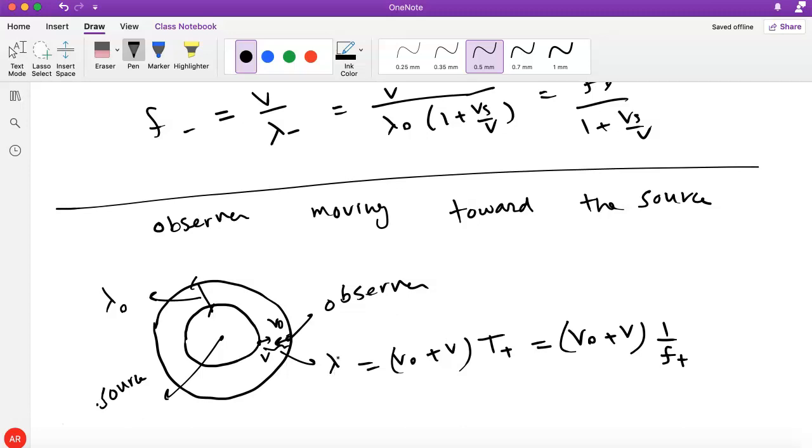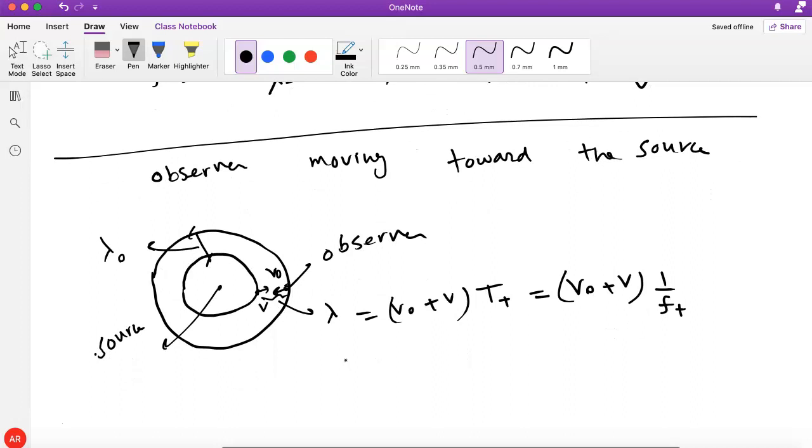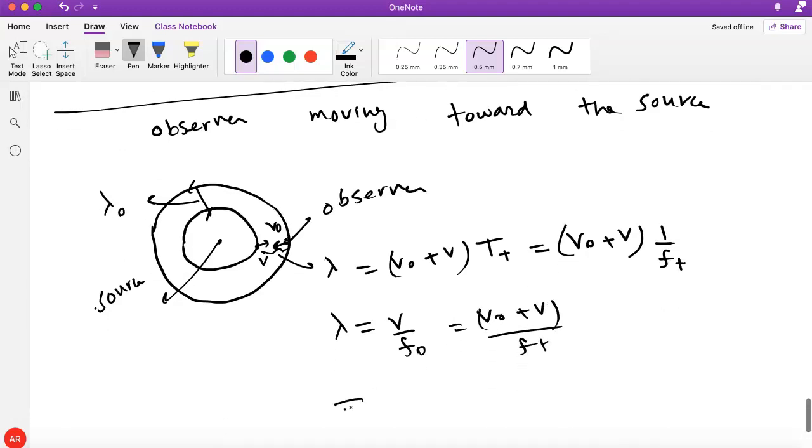And lambda, as usual, is also V over F naught, the frequency of the source. So from this we find this is again equal to V naught plus V over F plus. So what do we get? So we get F plus is F naught times this divided by V, which gives me 1 plus V naught over V.